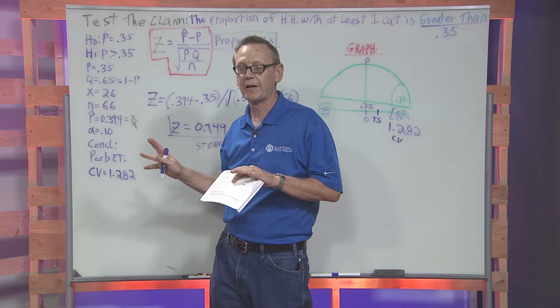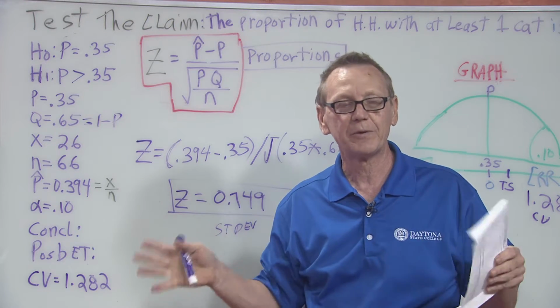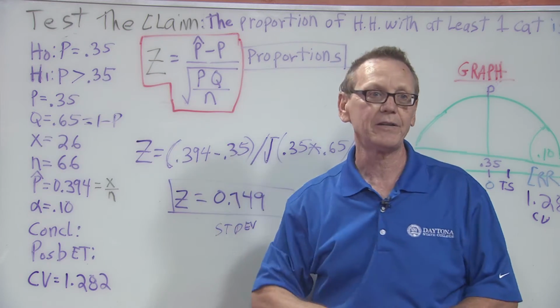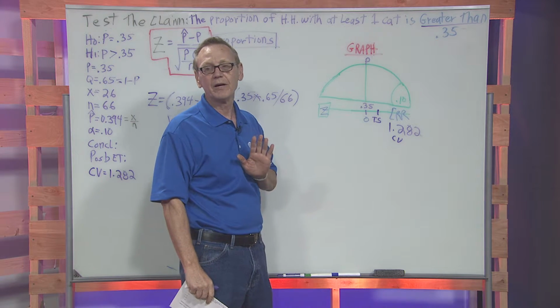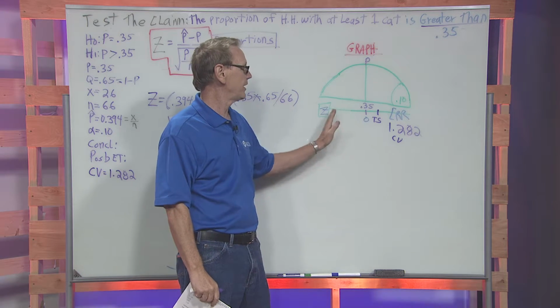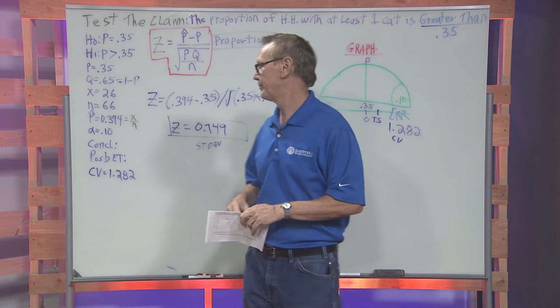If it's a two-tail hypothesis test, then you'll have a rejection region on both sides, so you won't have that concern. But when you have a right tail, make sure your TS and CV are on the right. If you have a left tail, CV and TS on the left. They're never on opposing sides, except due to error.